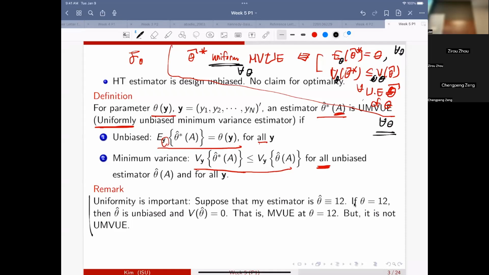But this is nonsense, right? You completely ignore the data and give the same value no matter what. So we want to exclude this kind of weird estimator from our consideration. That's why we impose the uniform condition.